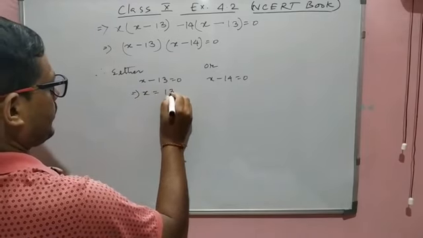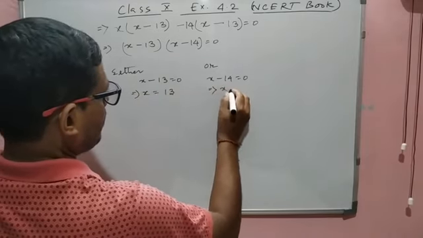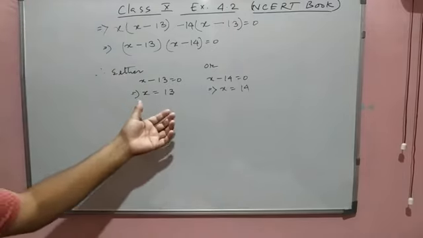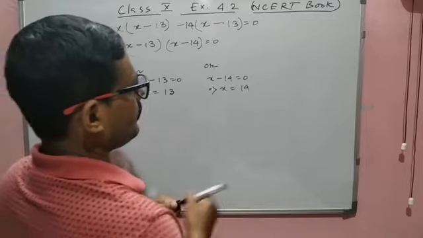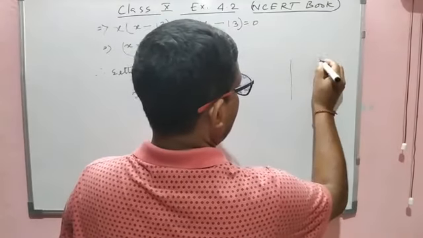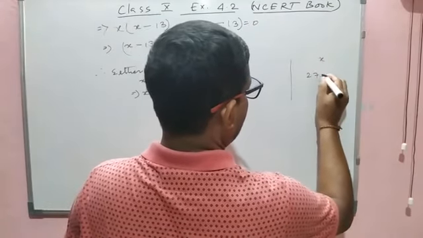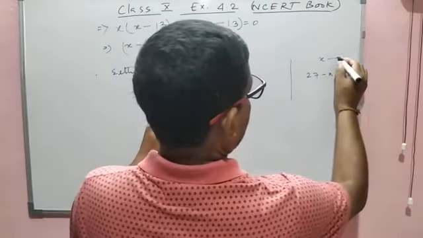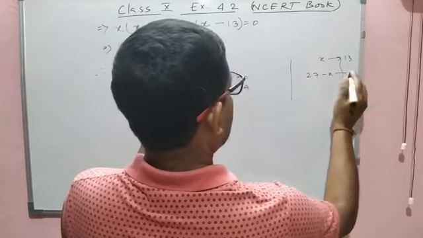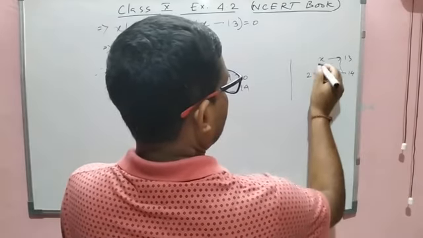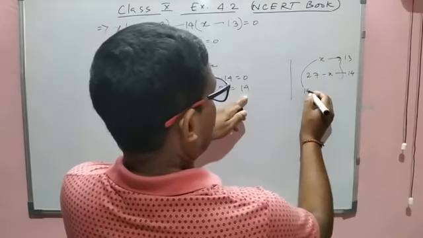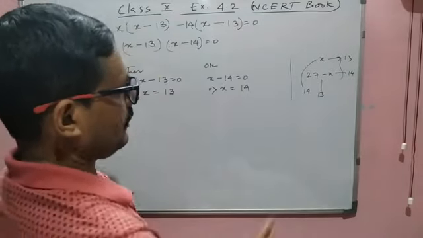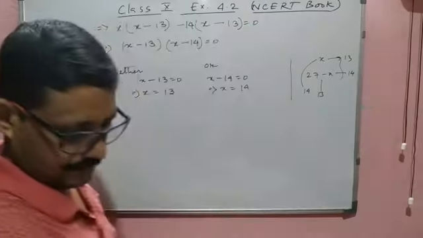This implies that x equal to 13 or x equal to 14. We have taken one number x, the other number is 27 minus x. If one number is 13, then the other number will be 14. If one number is 14, then the other will be 13. Ultimately the numbers will be 13 and 14.